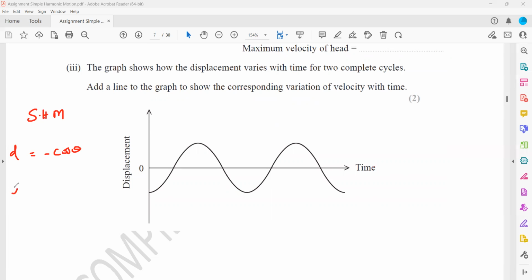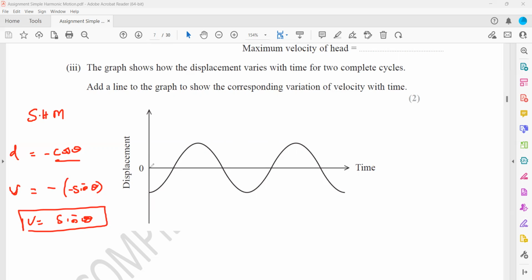So when we take the derivative, the derivative of sine is cosine, and the derivative of cosine is minus sine. When we simplify, minus minus is plus, so this will be sine theta. So V should be a function of sine, meaning the V graph should be a sine graph.